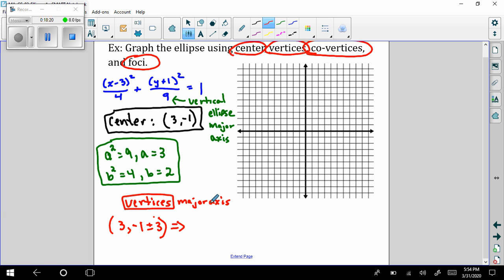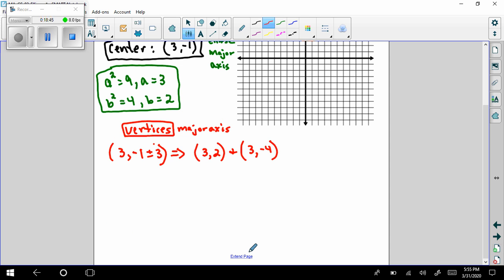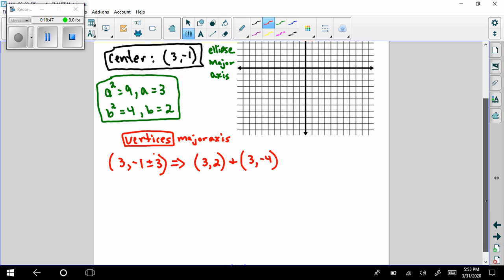So my vertices are at the points 3, -1 plus 3 is 2, and 3, -1 minus 3 is -4. That gives me the endpoints where the major axis meets the ellipse.